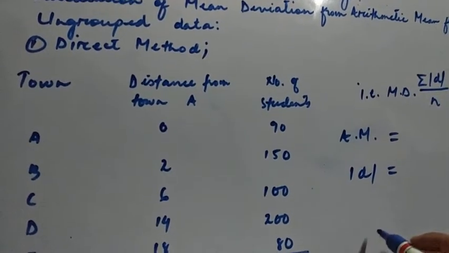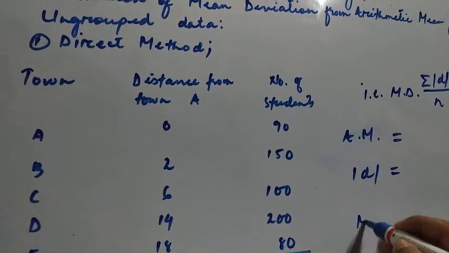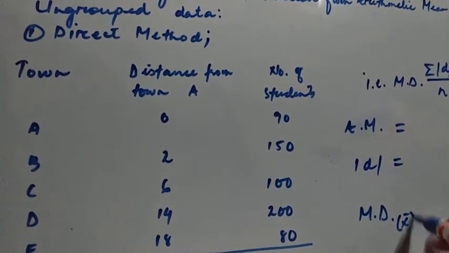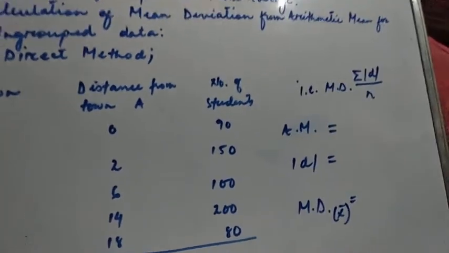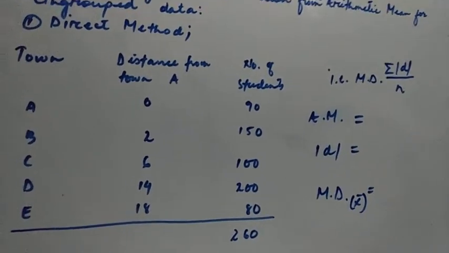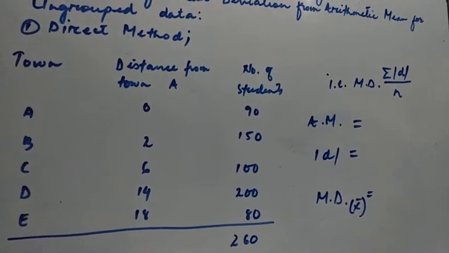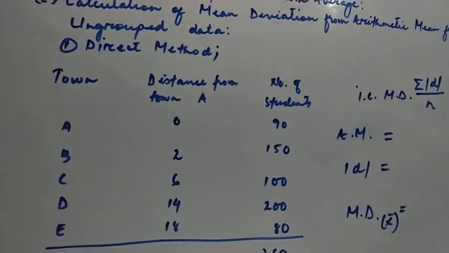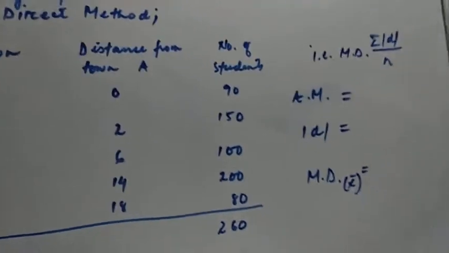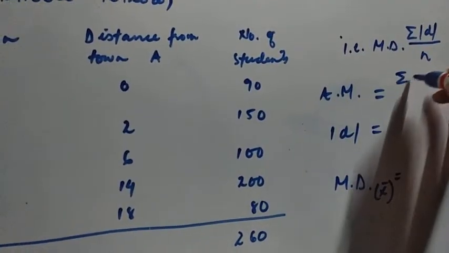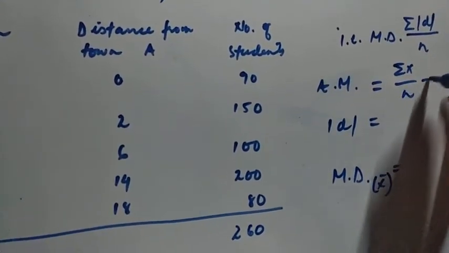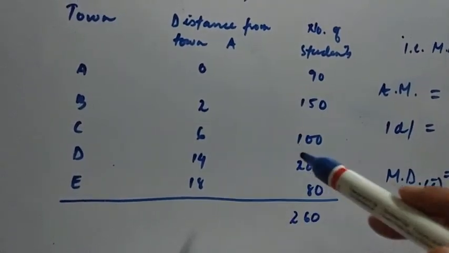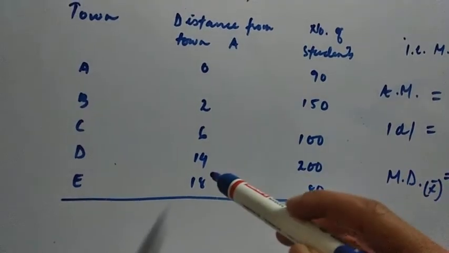And after finding that, you substitute the values in the formula. So what is our arithmetic mean? Arithmetic mean is summation x by n. Here our summation x is 30.